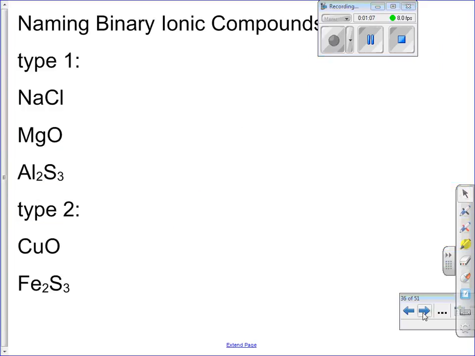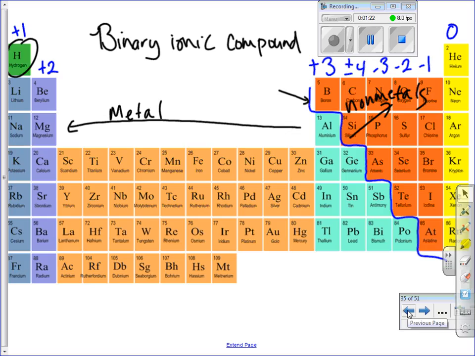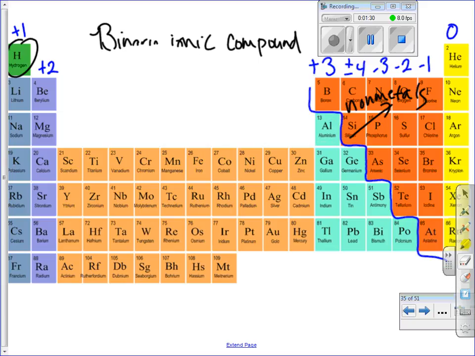The first thing we have to figure out is what type of metal we have. So type 1 metals, I want you to notice, I have Na, Mg, Al. Those are type 1 metals, and the reason is that they live in certain groups on the periodic table. I'm going to clean up my board a little bit.